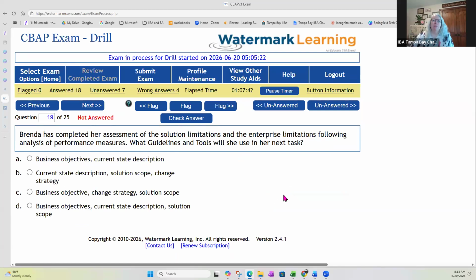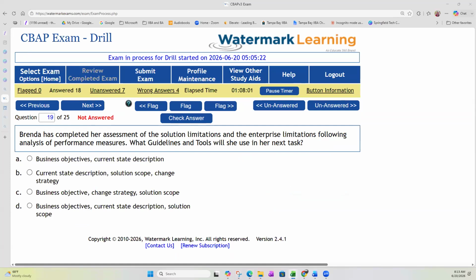Brenda has completed her assessment of the solution limitations and the enterprise limitations following analysis of performance measures. What guidelines and tools will she use in her next task? So, what task has she just completed? Assessment of the solution limitations and the enterprise limitations.